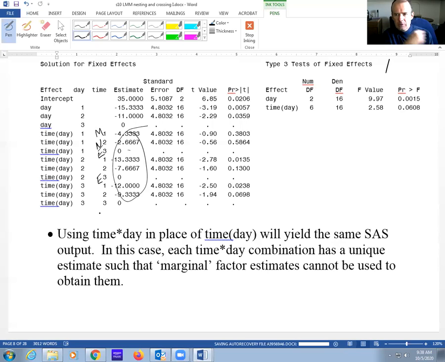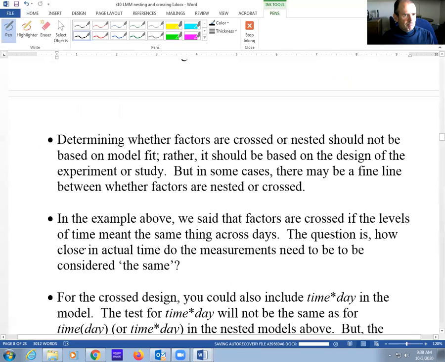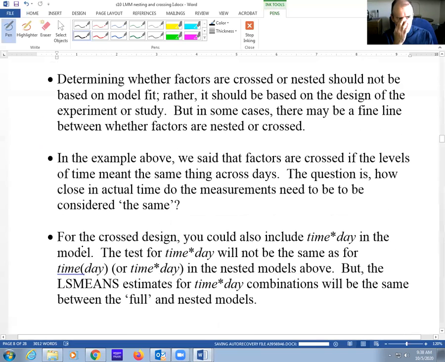It would be a similar situation: you're losing information. You're averaging over things that don't have the same meaning. So I would say it's not incorrect, but you're losing information. Again, you want to write the model that's correct for the design. In some cases, it's not obviously one or the other. It's a matter of degree, and so we need to use some judgment.